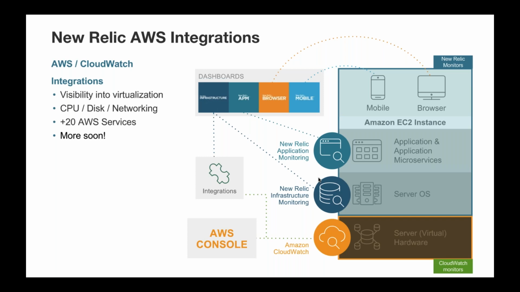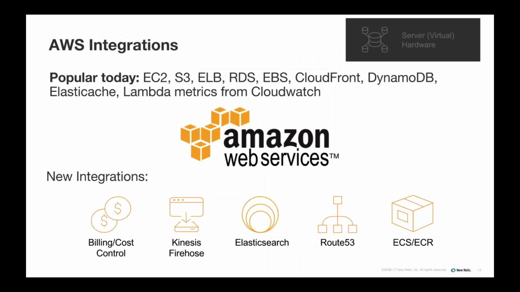So here's where we have been investing a lot of resources, building over, well, more than 50 AWS service integrations today, that together with the information that we get from the different agents in New Relic Infrastructure, from the different agents in APM, and from the mobile and the browser agents in your UX, we can get the entire value chain of your applications and of your business monitored with New Relic.